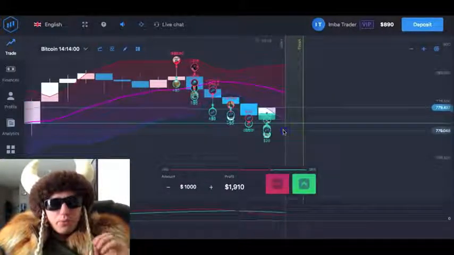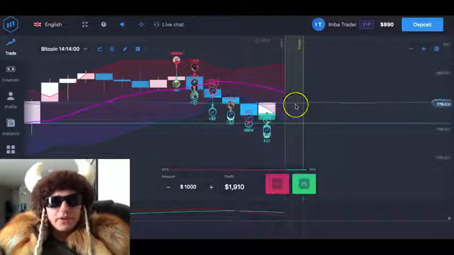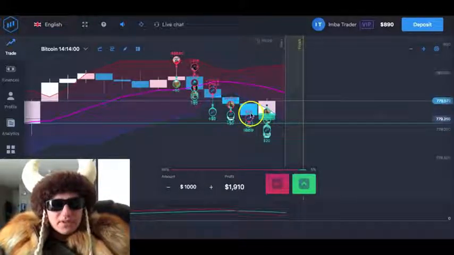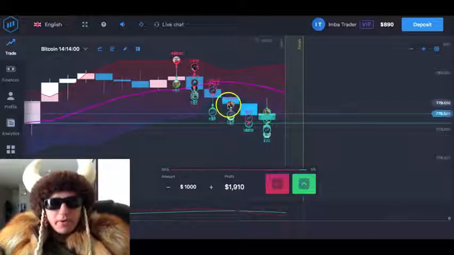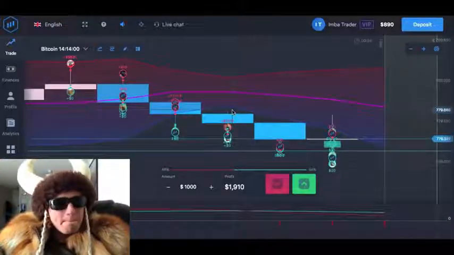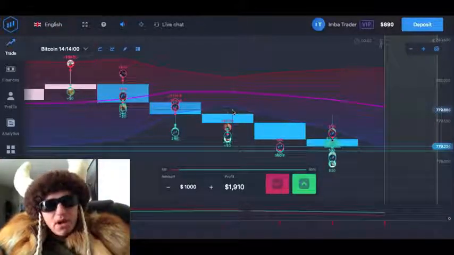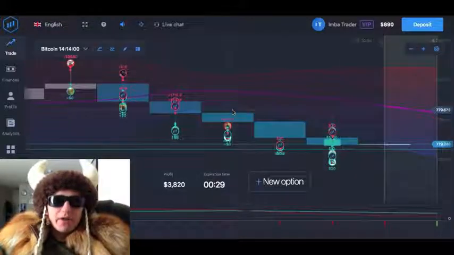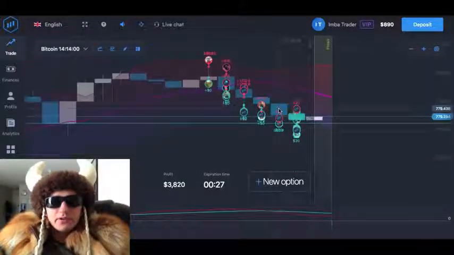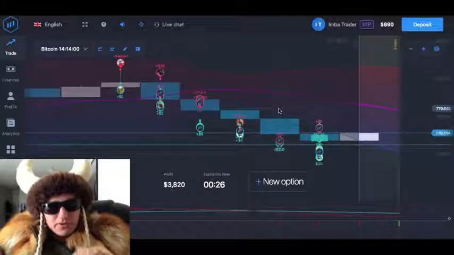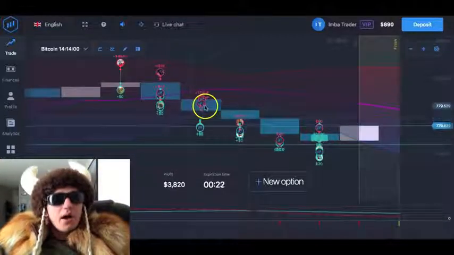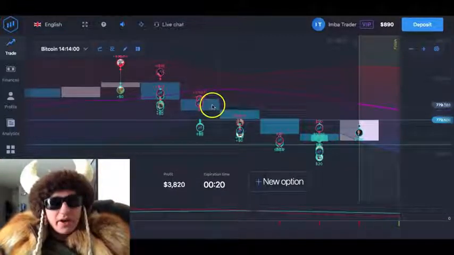I will continue with the double call stake this time, because this signal right now is much better than the previous one. As I told you, you need to proceed with the stake when the graph crossed the line.